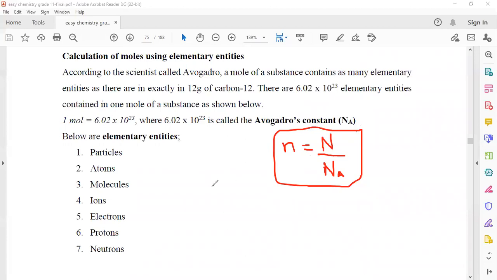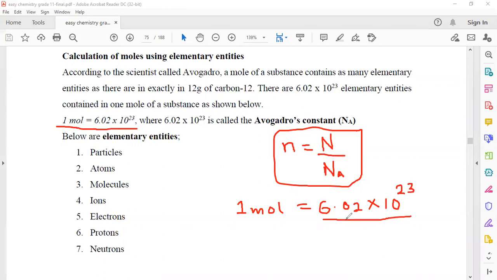Now, this basically means the same as this relationship that we have here: one mole of an atom is equal to 6.02 times 10 to the power 23. Well, we are saying this can be a representative of these elementary entities.